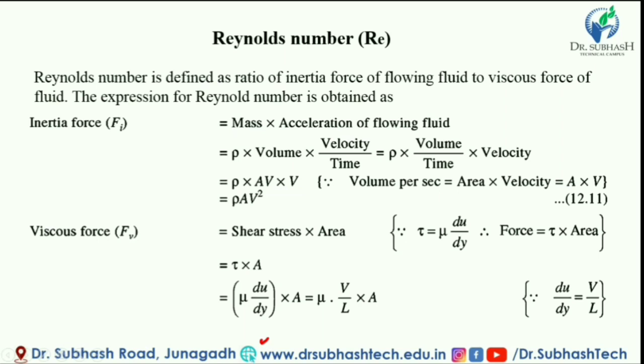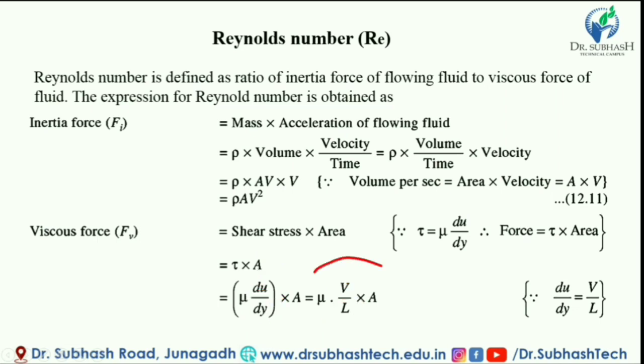So we can write du equal to velocity V and dy equal to vertical distance L between the layers. Putting the values, mu as it is, area A as it is, du equal to V and dy equal to L.